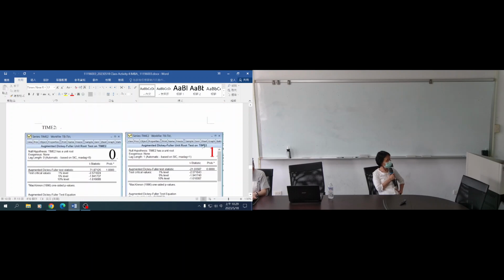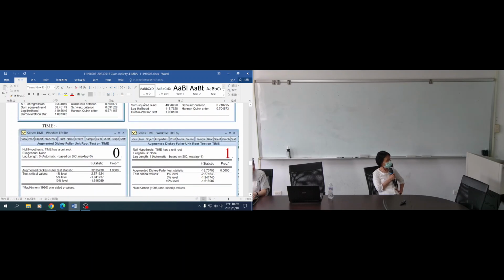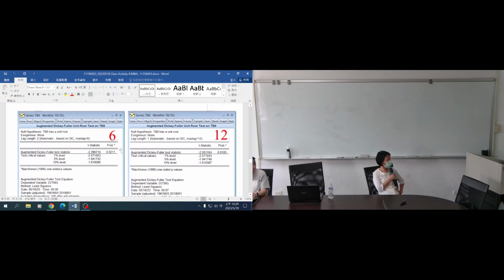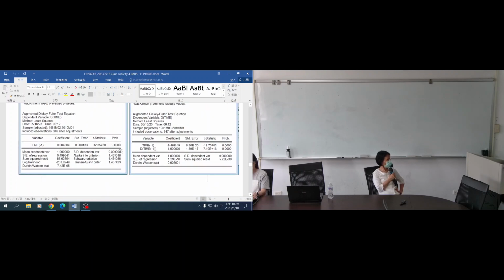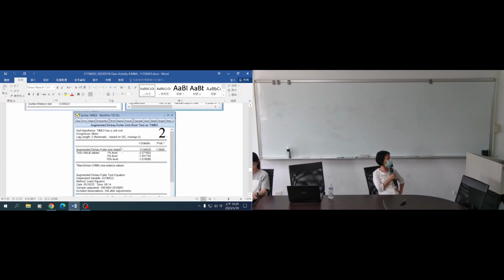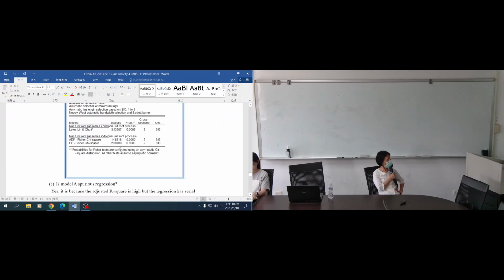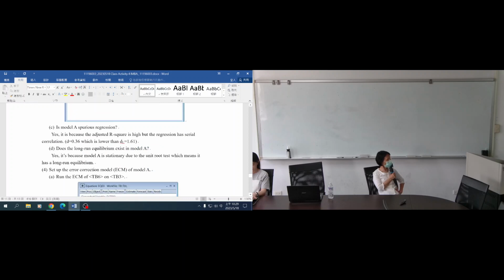Oh wait, isn't the normal unit root test proof that it's stationary? No. The co-integration test should be run on the residual of the model. And based on the model, then we will see whether this model is spurious or not.